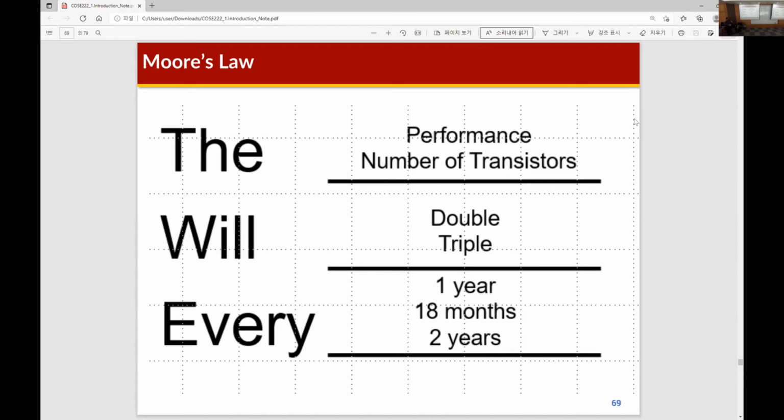If you are interested in the CPU industry, you can find that Intel announced a roadmap of their CPU and of the semiconductor technology node: 10 nanometer in 2018, then 5 nanometer, 3 nanometer, and so on. This goal is made based on Moore's law.